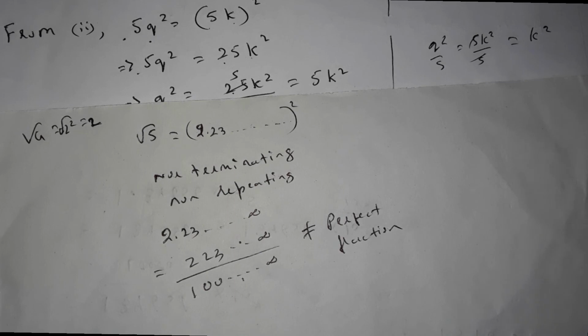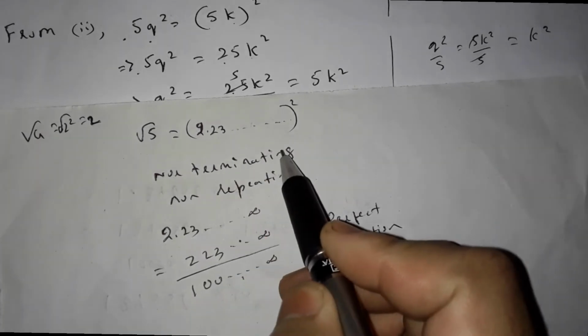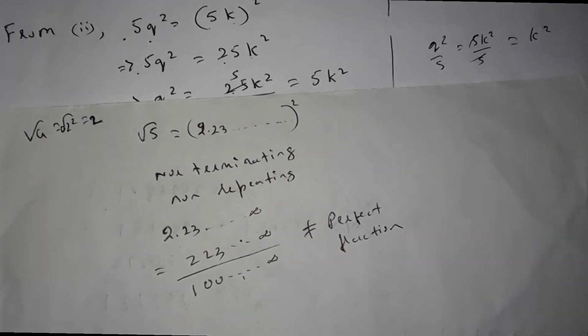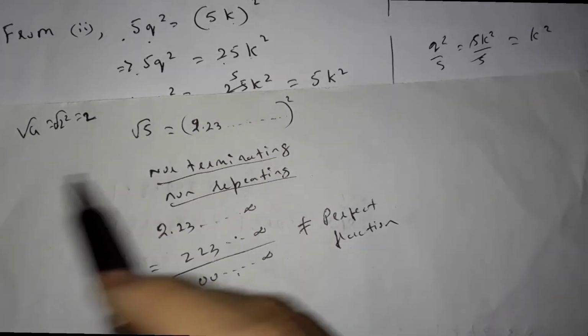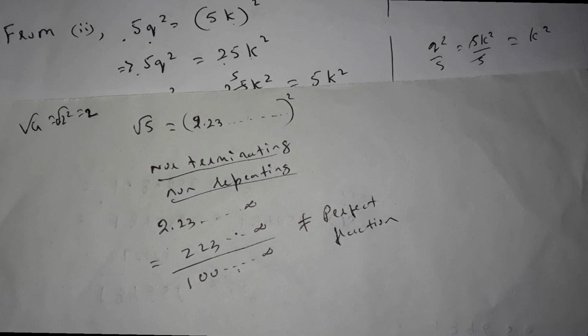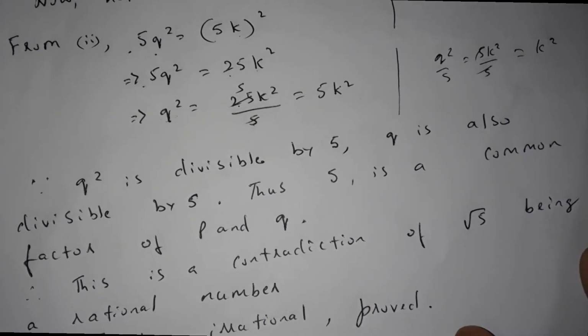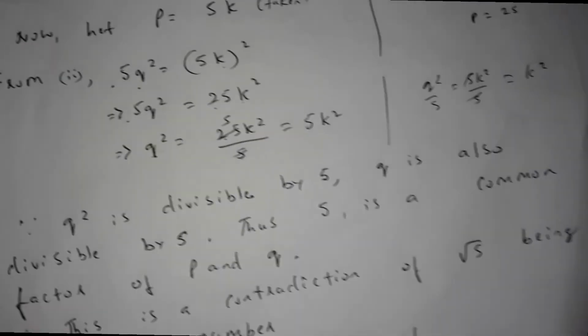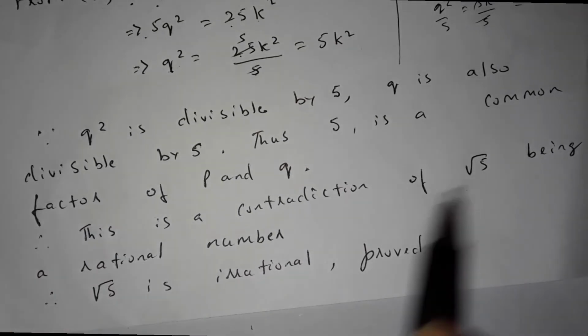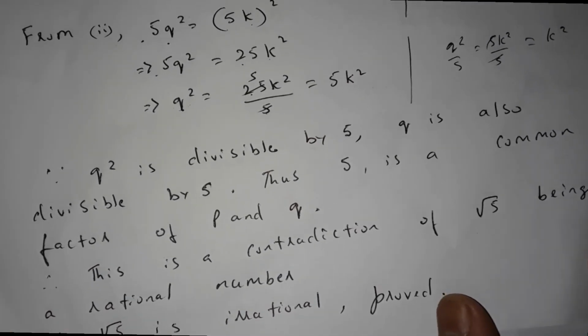If we get a non-terminating but repeating decimal, it is a rational number. But non-terminating and non-repeating means irrational number. So that is the reason why root 5 is an irrational number, and we have proved that root 5 is an irrational number.